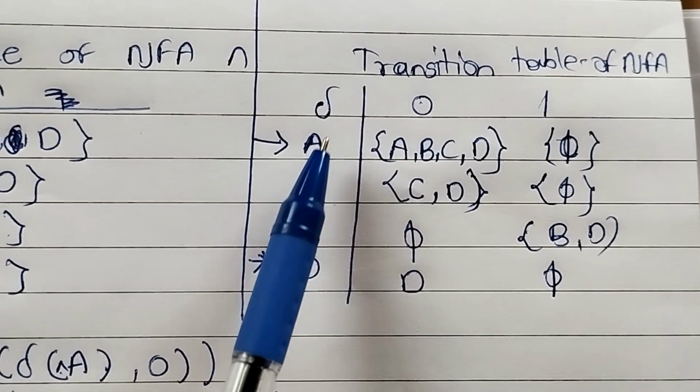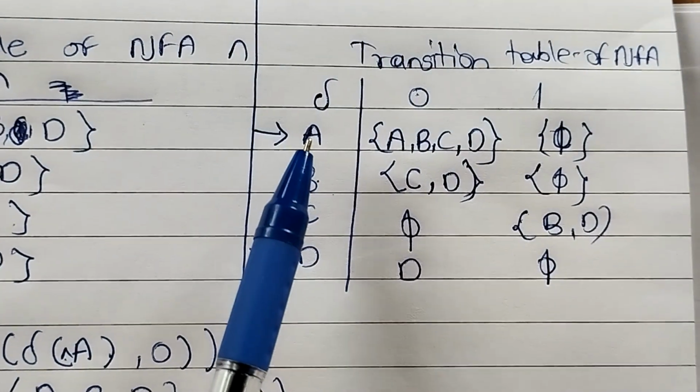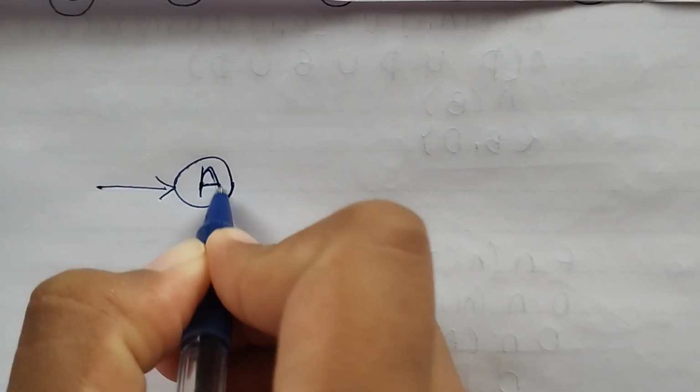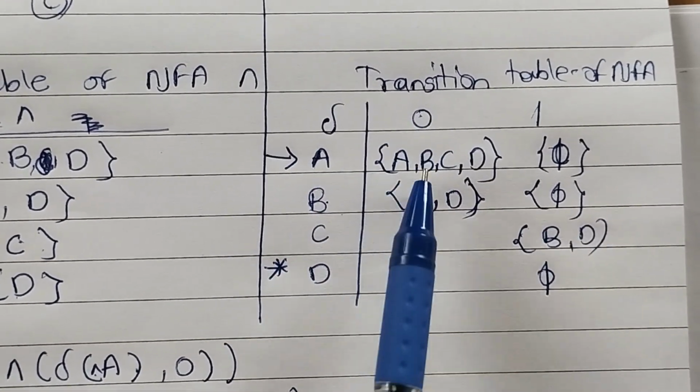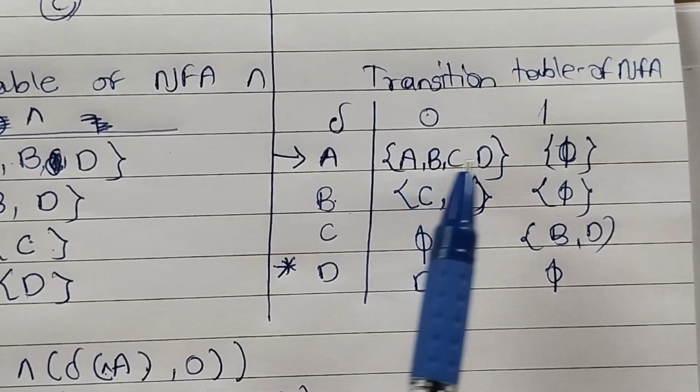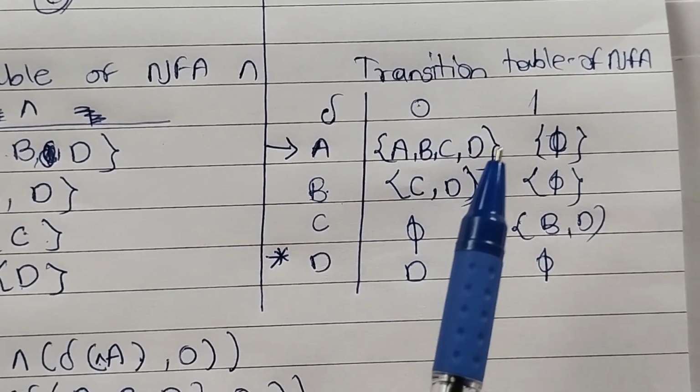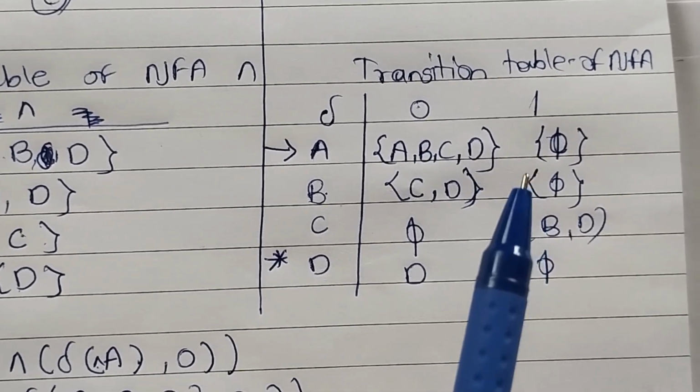So A is the initial state, so we draw A first. Now A reads 0 in A, B, C, D, four different states, and as this is an NFA, this is possible.